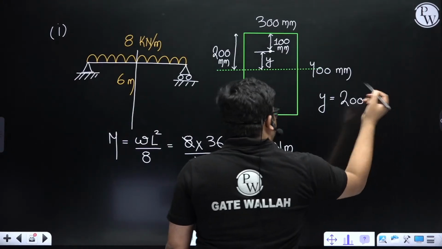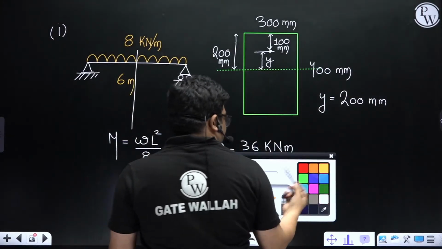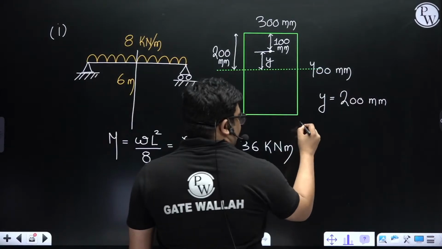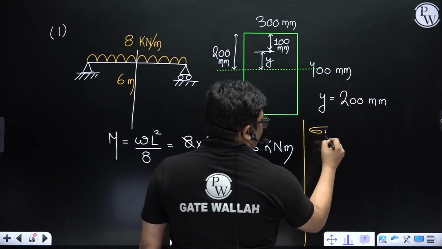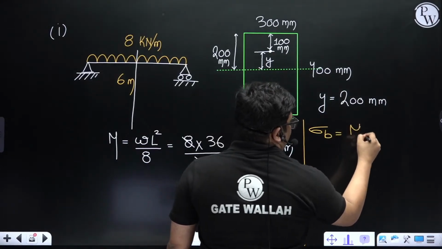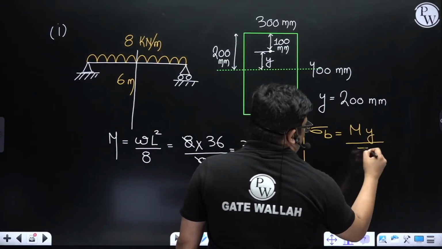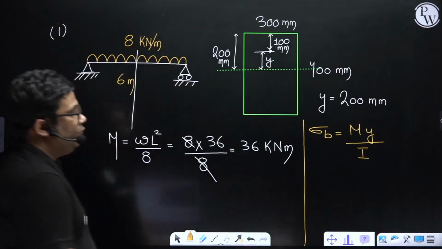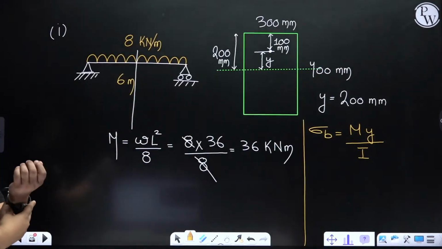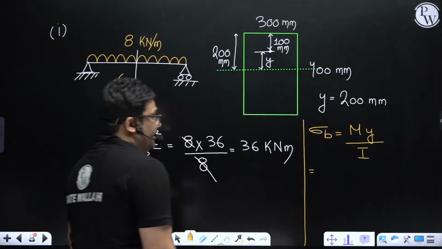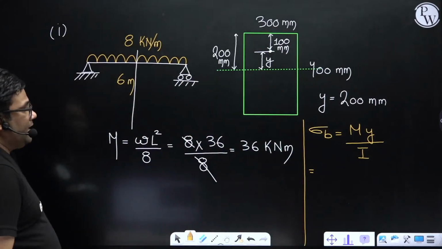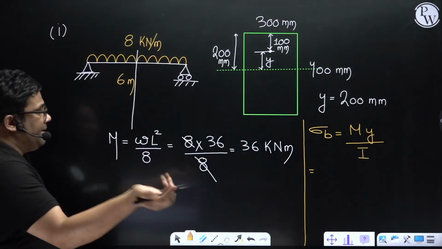So game over. What was the bending stress equation? The bending stress equation was M y by I, right? Bending stress you have to find in Newton per mm square, so everything you put in Newton mm.